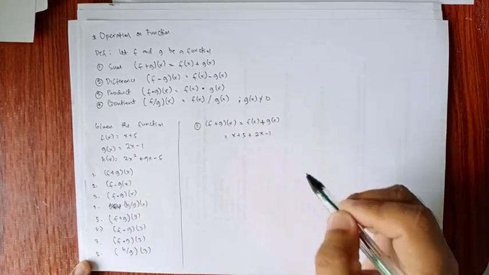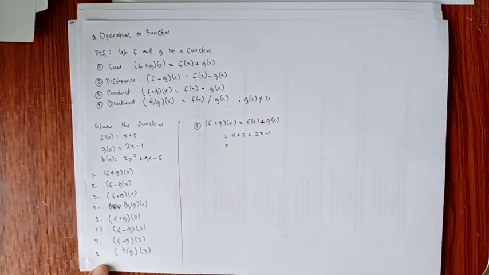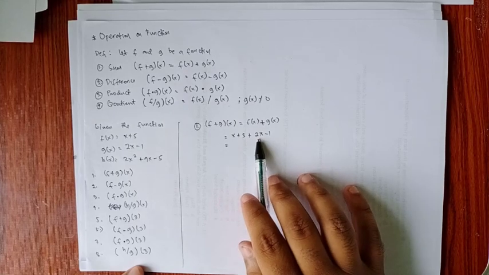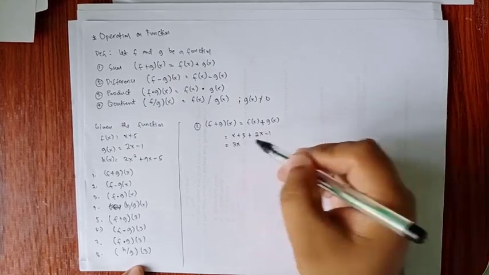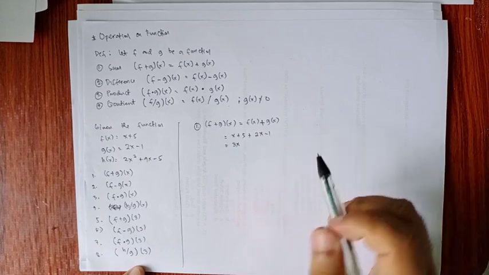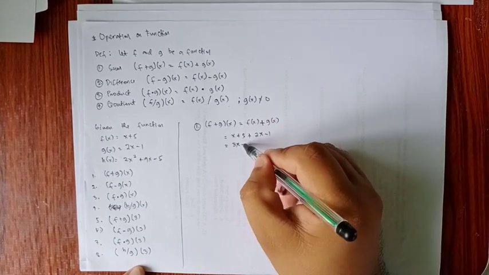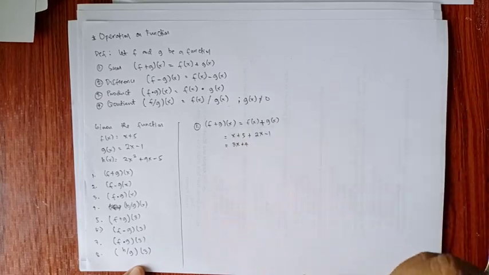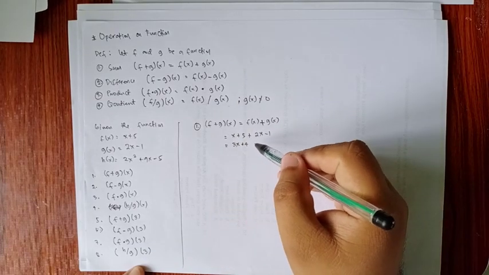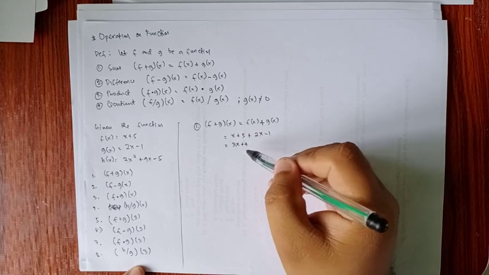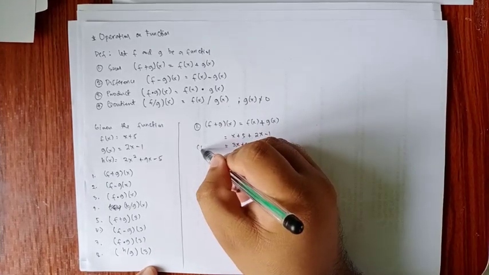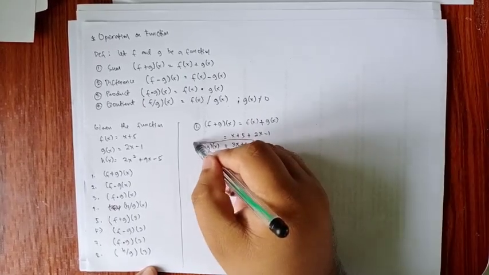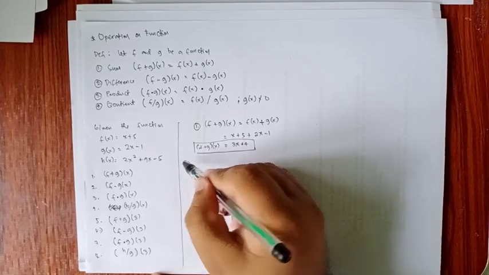Magiging 2x negative 1 lamang siya. Then solve. Combine similar term. What is x and 2x? So we have 3x. So what is 5 and negative 1? 5 minus 1 is positive 4. So that's it. So f plus g of x, answer is 3x positive 4. Ganun lamang siya kadali.